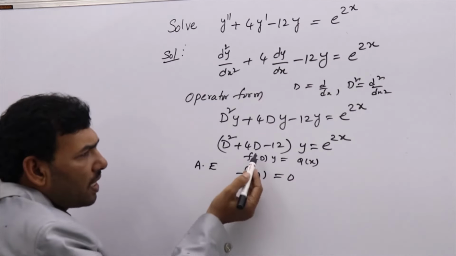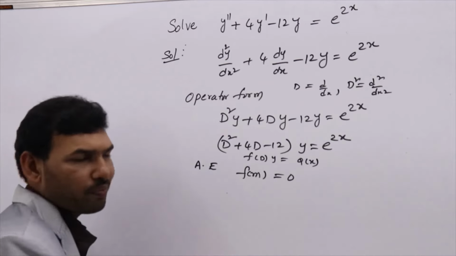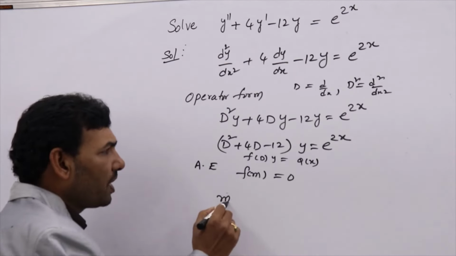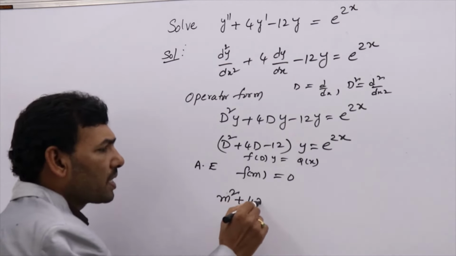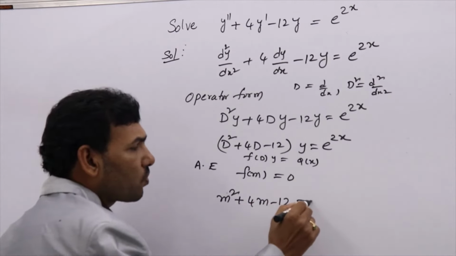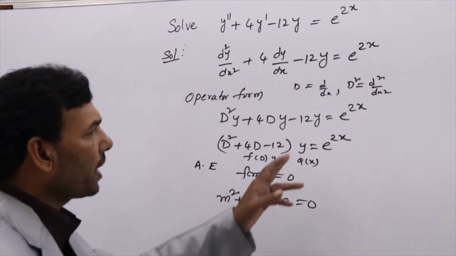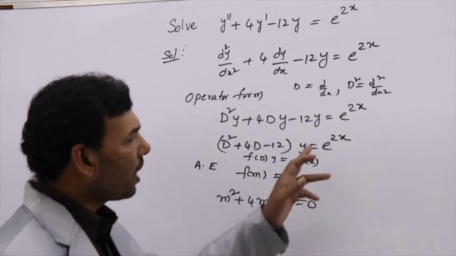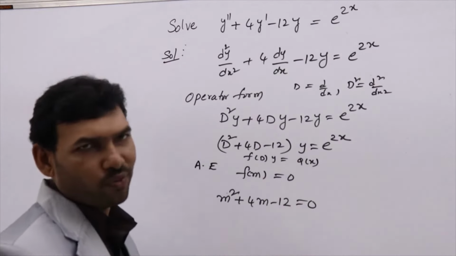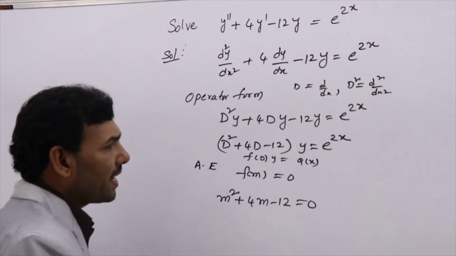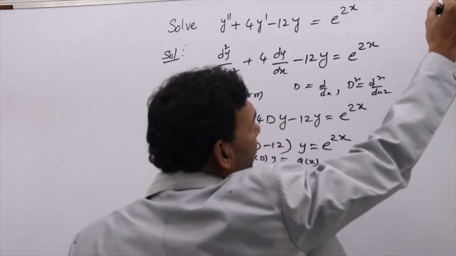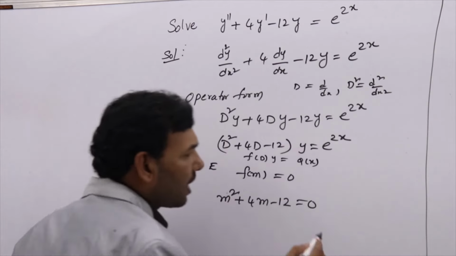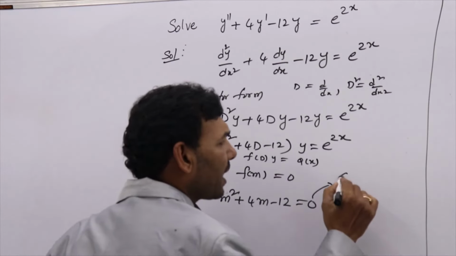It means write m in the place of D. Simply write m in the place of D: m square plus 4m minus 12 equals 0. Don't write anything on the RHS, simply keep 0. If you have e power 2x, don't write that, don't write y. Now solve this one. I said how to solve this in the previous classes. Again I am repeating, use a calculator.